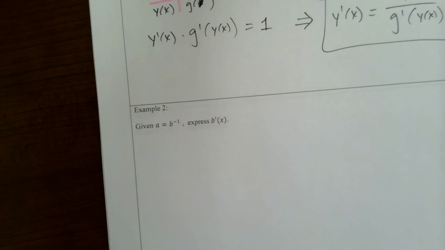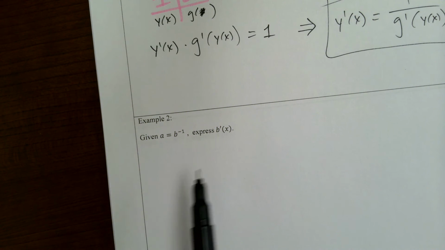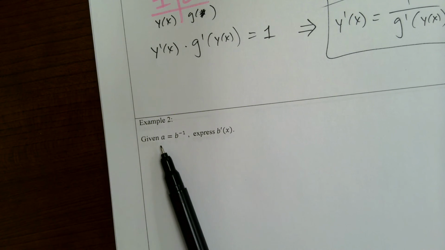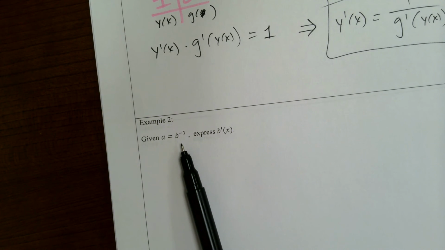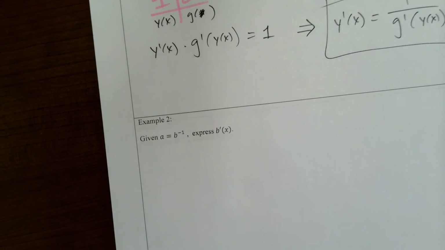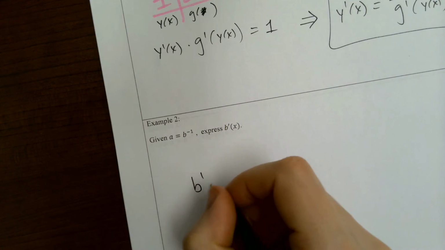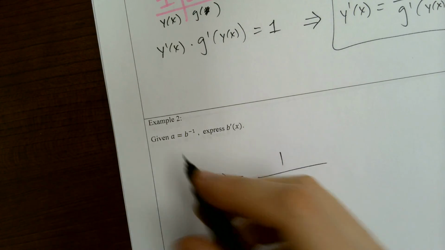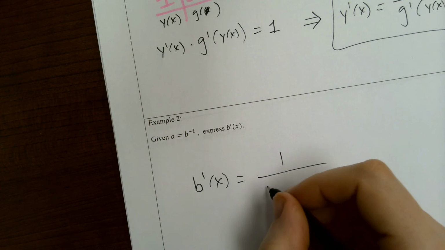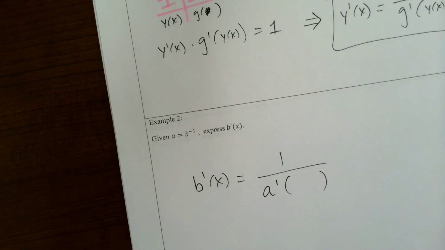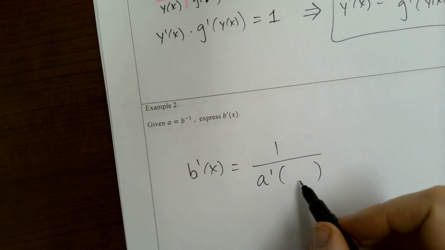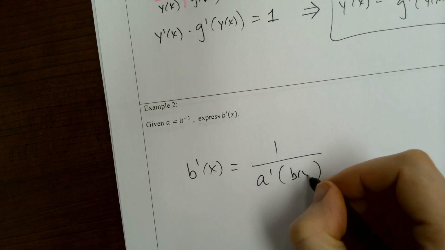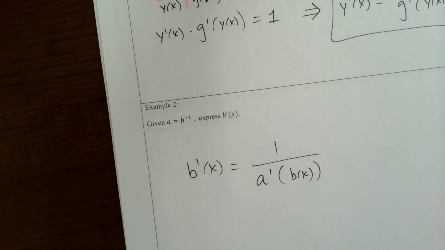All right, so let's try this time just with the formula. Given that A is equal to B inverse, express B prime of X. You're just going to write down B prime of X equals 1 over, since the inverse function of B is A, A prime of, and then the regular B function goes back in.